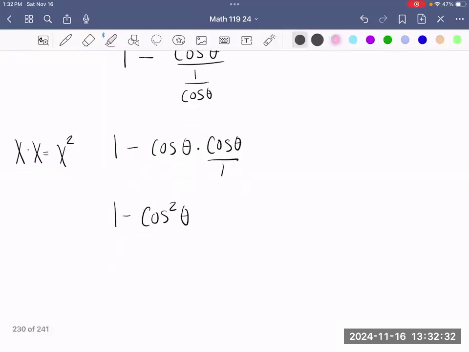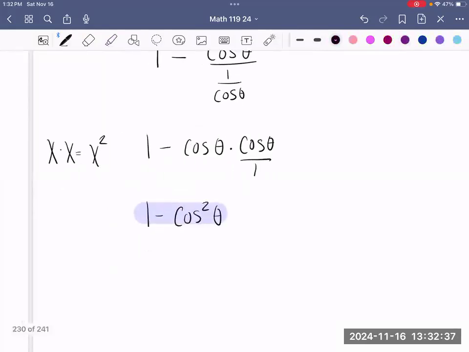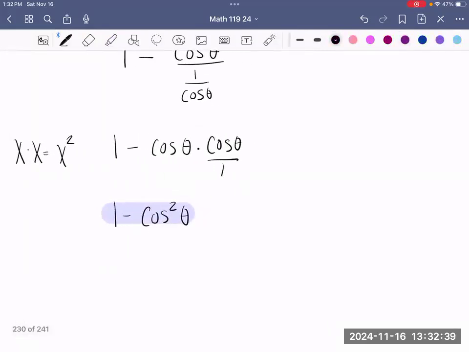Now, we can at this point use a trig identity. We have 1 minus cosine squared, and in a previous video we talked about all of your trig identities. We have sine squared plus cosine squared is equal to 1. What they've done is taken this trig identity and manipulated it.